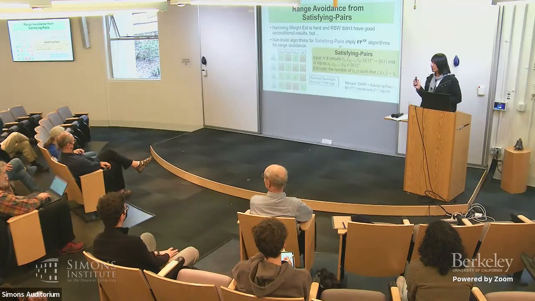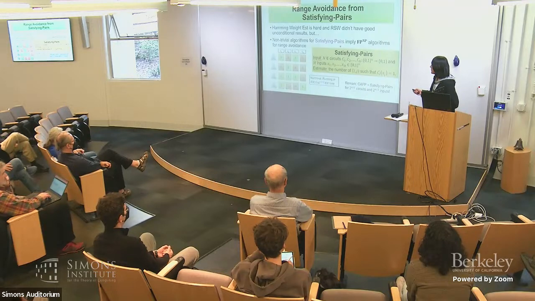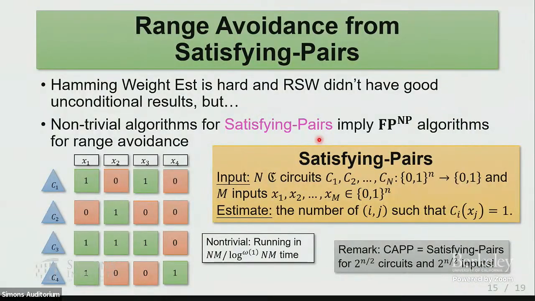So is that the main difference, why there isn't an equivalence? On the other hand, the input length of CAPP is just circuit size, but the input size for satisfying pairs is like capital N plus capital M. It's like the square root of the brute force time. So I don't think these two problems are equivalent.